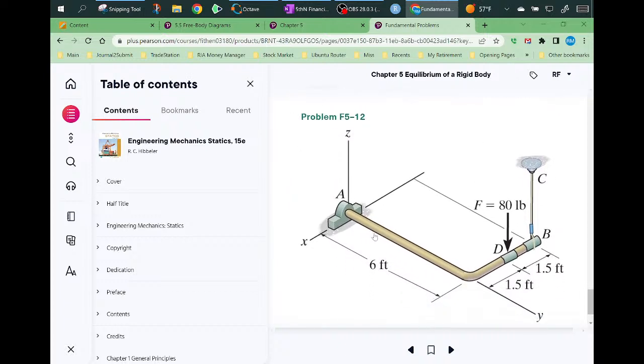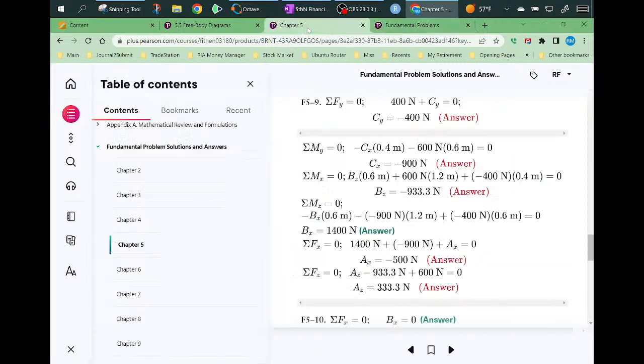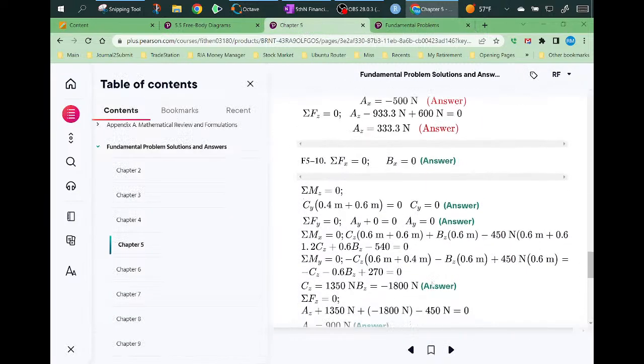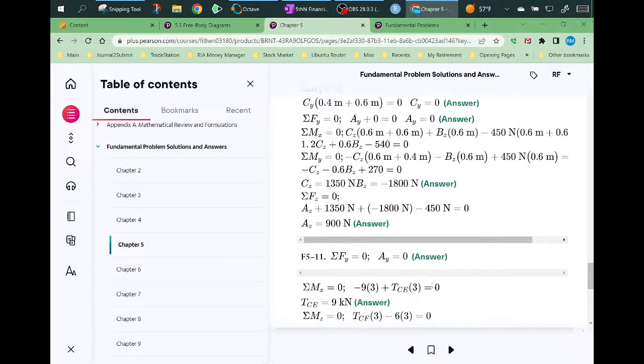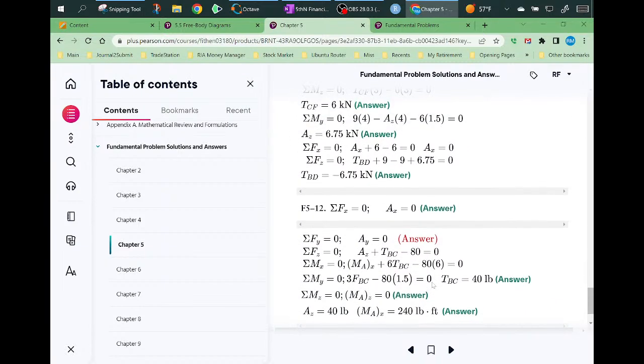Now, let's see what he does with this one. F512. This will be interesting. I'm going to go ahead and grab this one. And we'll see if he does this. Let's see what he does with F512. Okay.